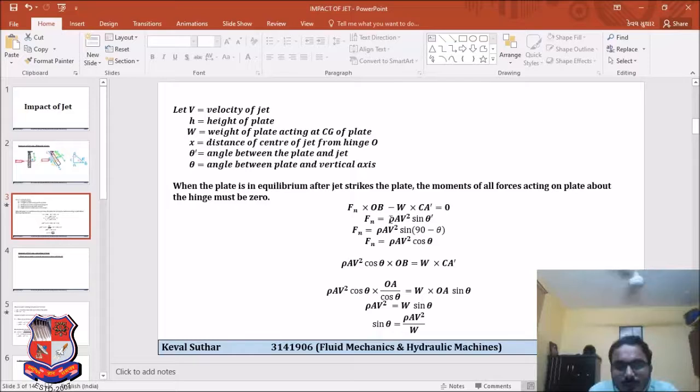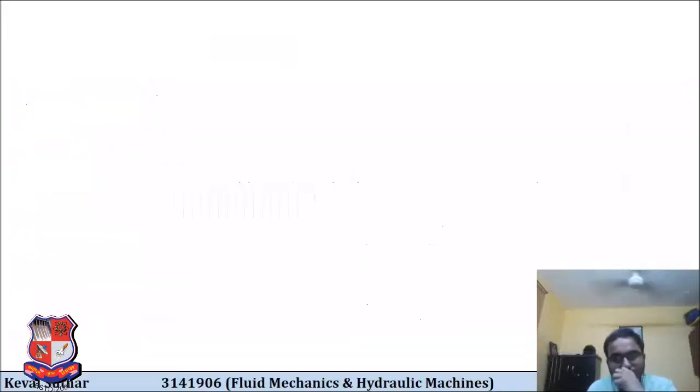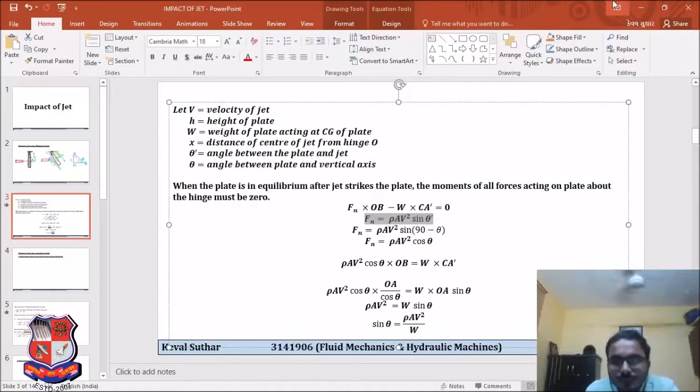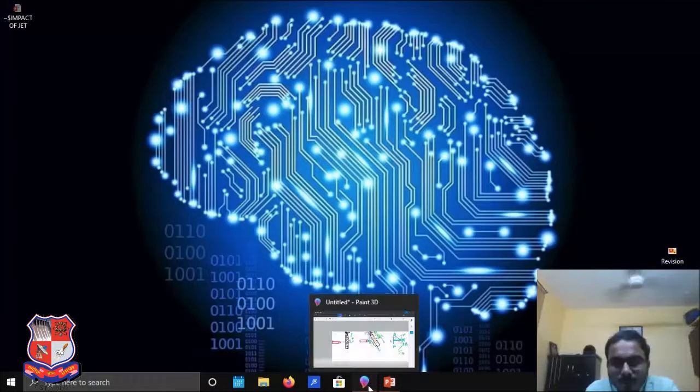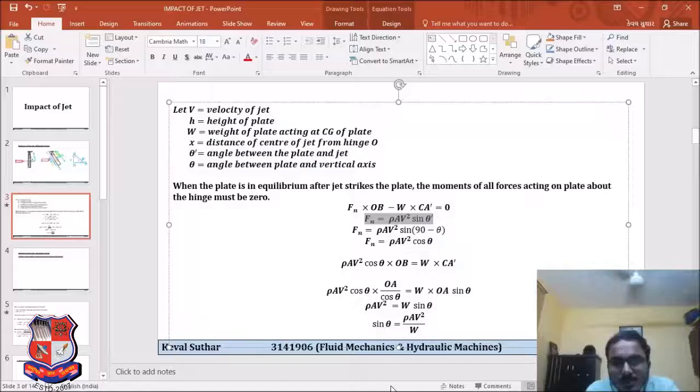Now this formula, Fn is equal to rho a v square sine theta prime, is taken from our previous theory. And here, instead of sine theta prime we have written sine of 90 minus theta.